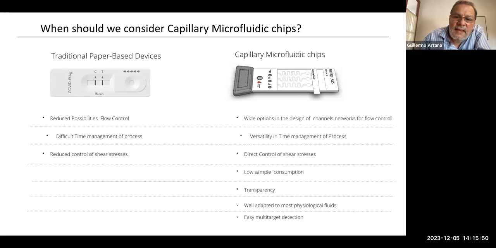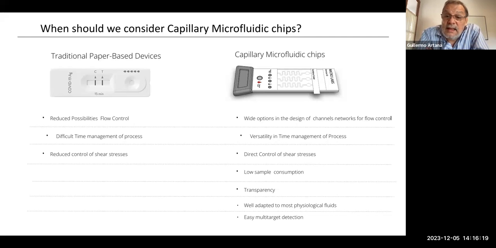One of the aspects that I think we have to highlight is that the possibility of flow control is more reduced in the case of paper-based devices. On the contrary, in capillary microfluidic chips, in which you construct your channels, you have a large possibility to access more design tools.